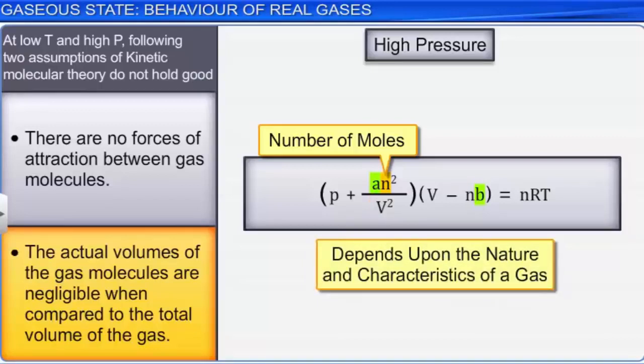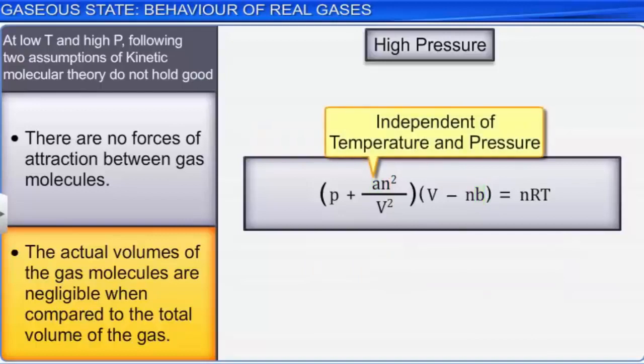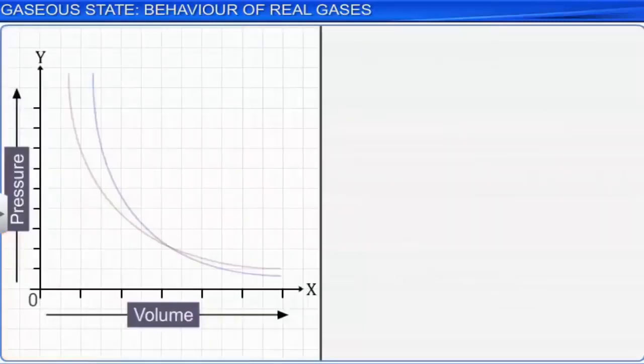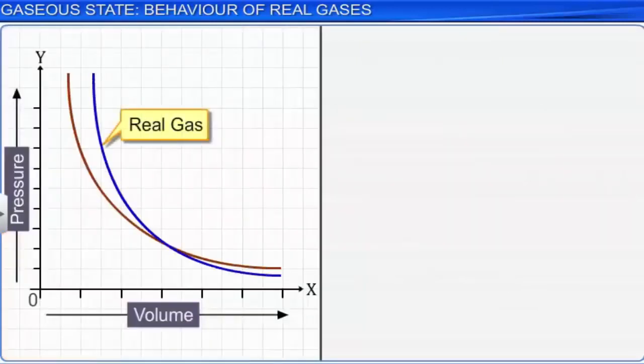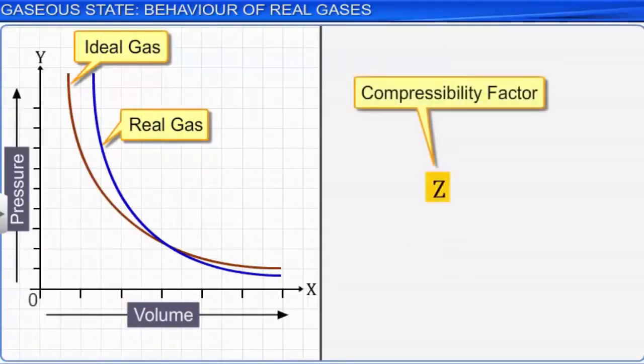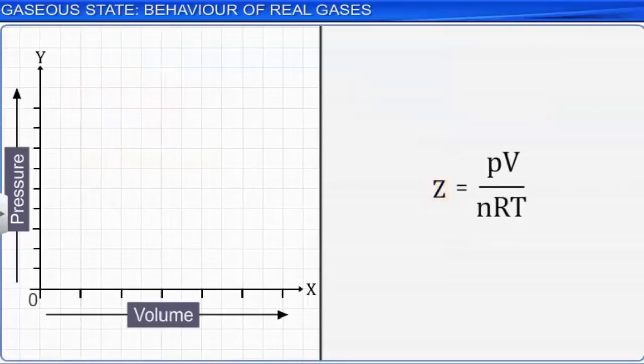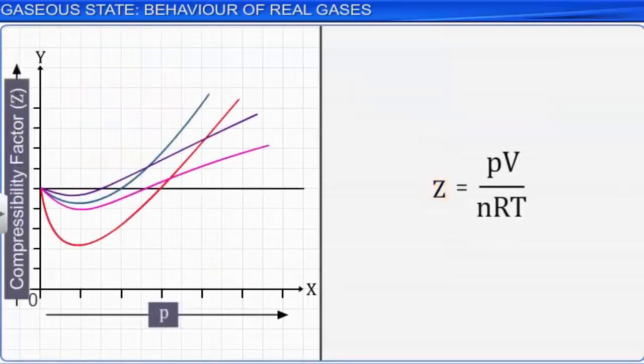The extent to which a real gas deviates from an ideal gas can be measured in terms of the compressibility factor Z. It is defined as the ratio of product PV and nRT. For an ideal gas, the compressibility factor Z is 1 at all temperatures and pressures because PV is equal to nRT.